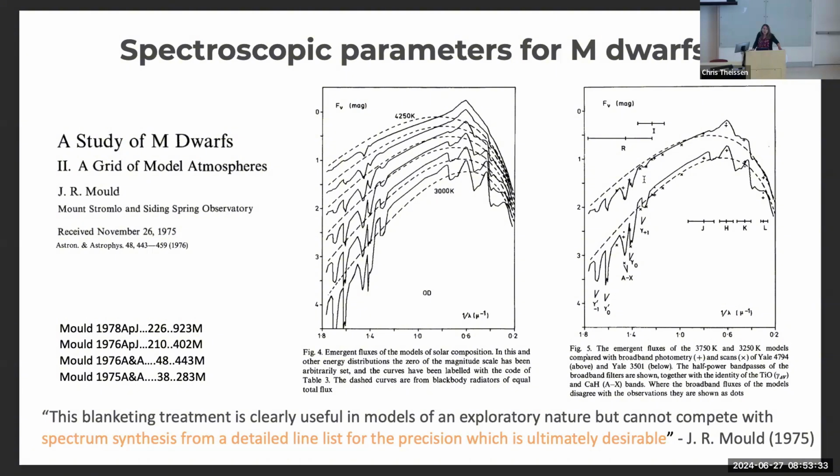And this is probably one of the first model grids of M dwarfs, where you can see the opacities that were being considered with titanium oxide, water, and CO. And there is a sentence in this paper that I think still holds now, that we really want to have really good synthetic models, that are precise enough and have enough detail for us to get all the information that we can want from these M dwarfs.